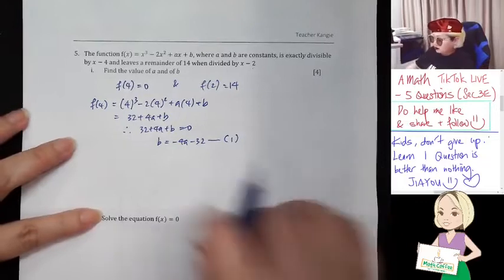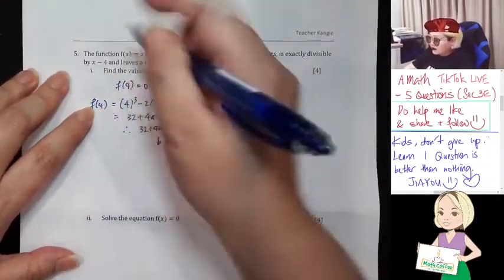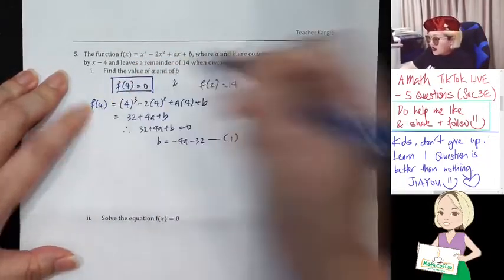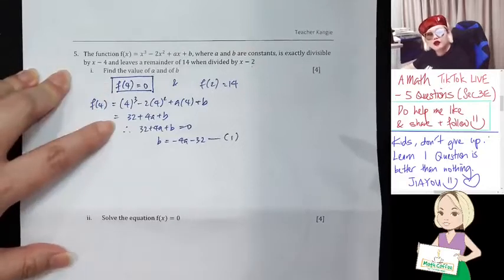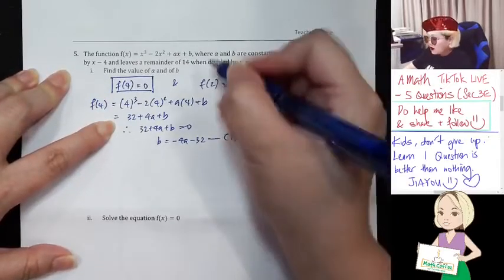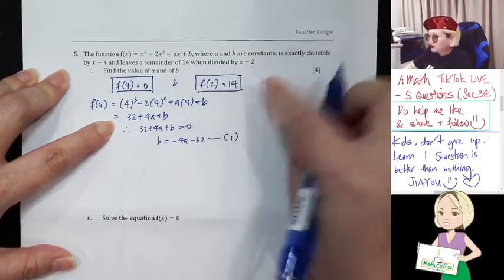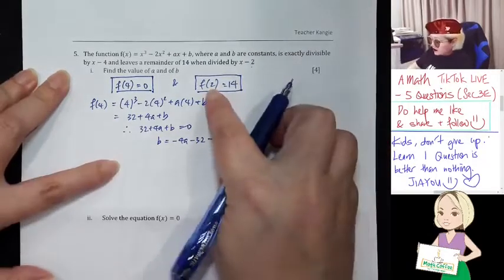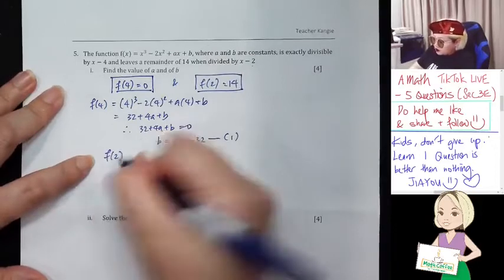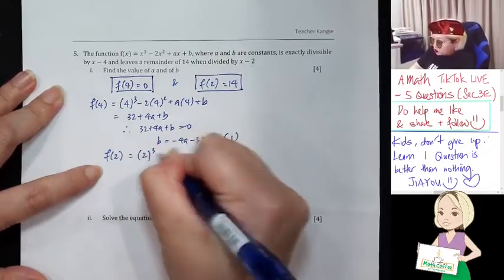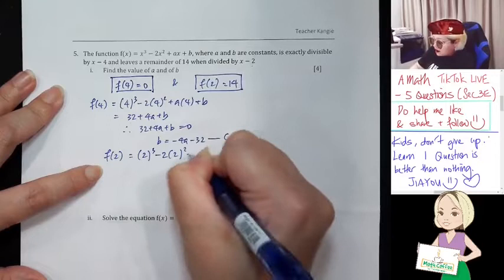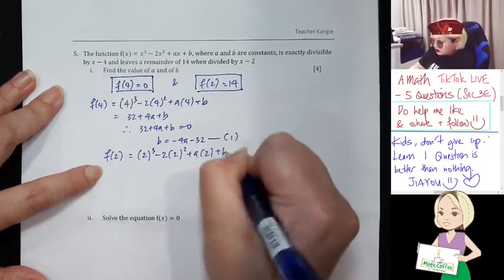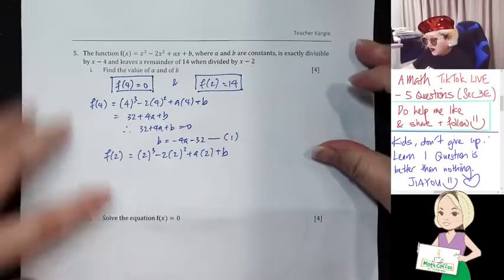Okay, let's continue. So this is for f(4). This is the first information that they give me. I use this information for the first equation. Now I'm going to use the second information to form the second equation. So now let's find f(2). f(2) will be equal to 2 cubed minus 2 squared plus 2a plus b. And what do we get?